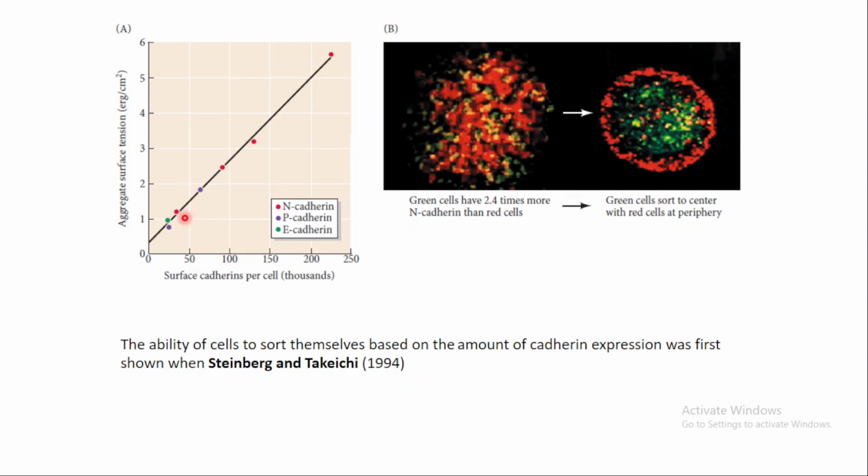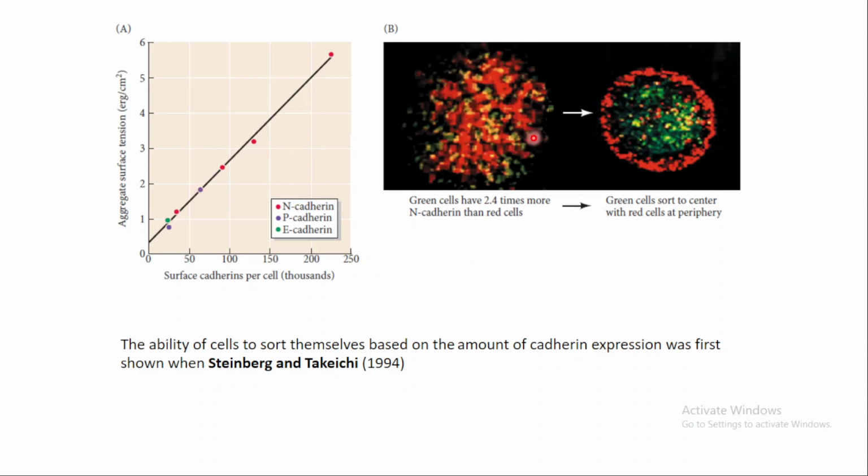Similarly, this red dot here has less than 50 molecules of N-cadherin, so the surface tension is also very low, a little more than 1. Similarly for P-cadherin, there is a linear relationship again. The more cadherins, the more surface tension the cell has.